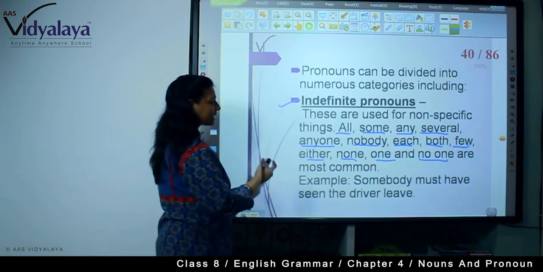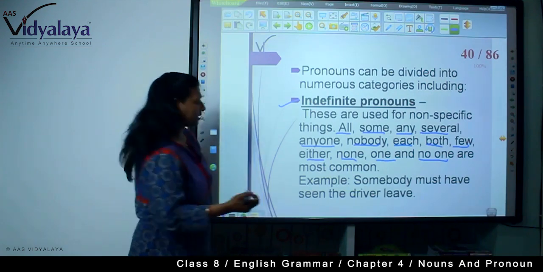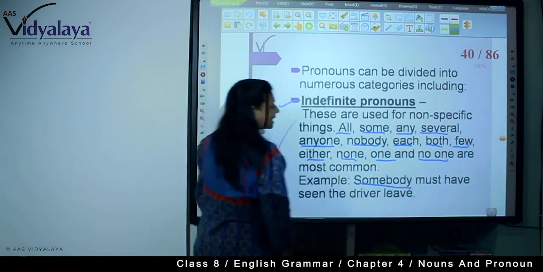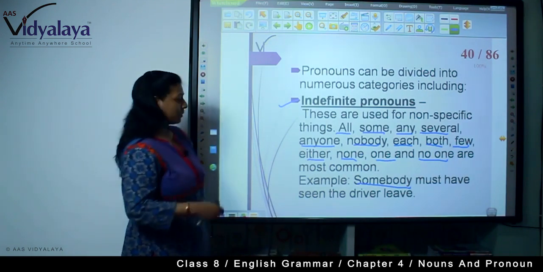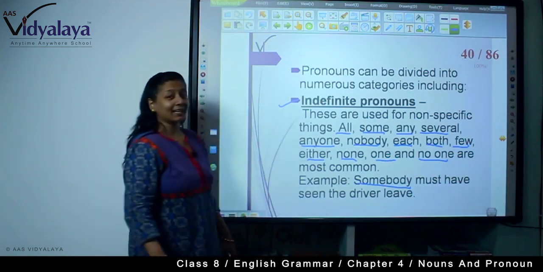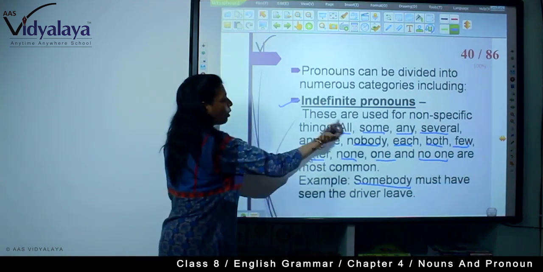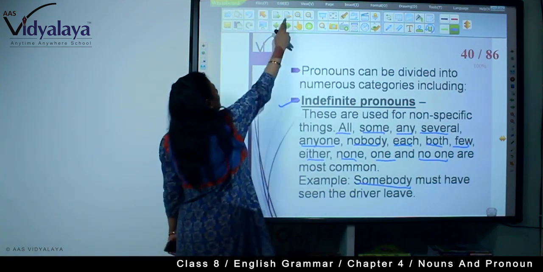For example, somebody must have seen the driver leave. We don't know who that somebody is, not even the gender or the name. But this is somebody, so this is a pronoun. So we call it an indefinite pronoun.